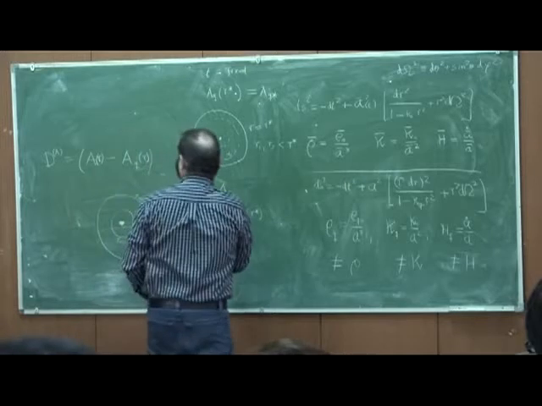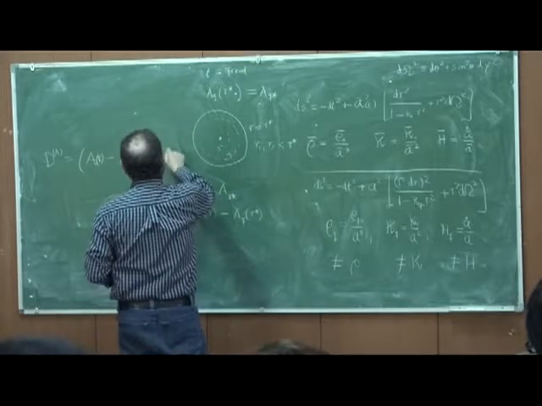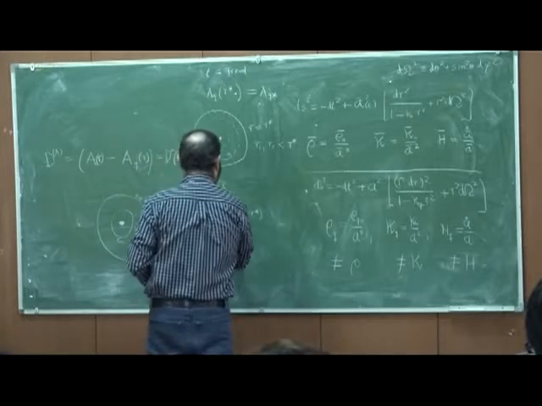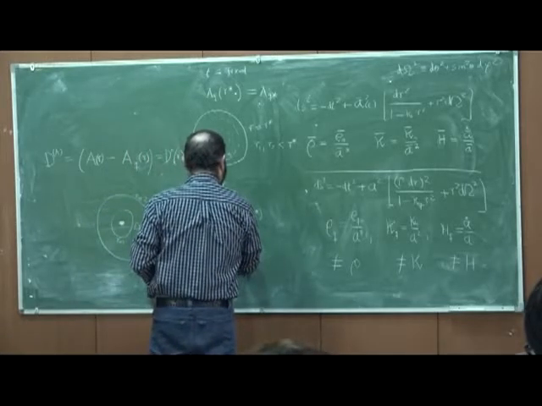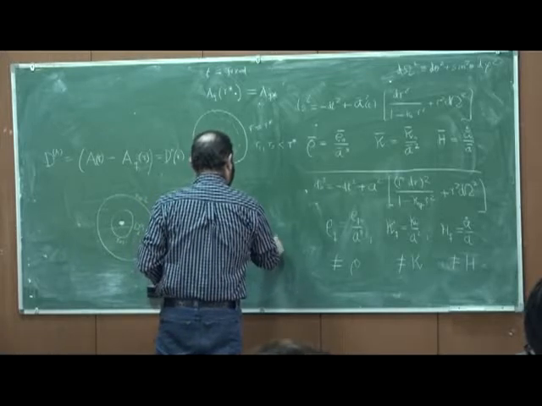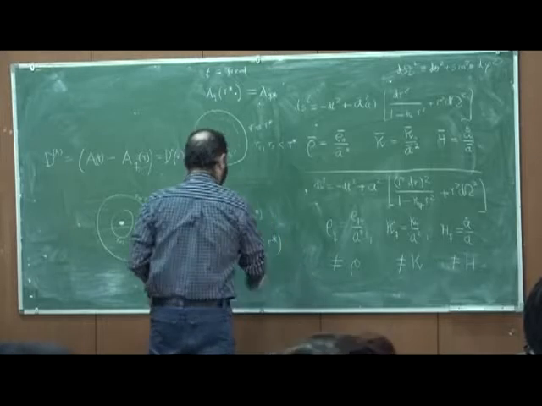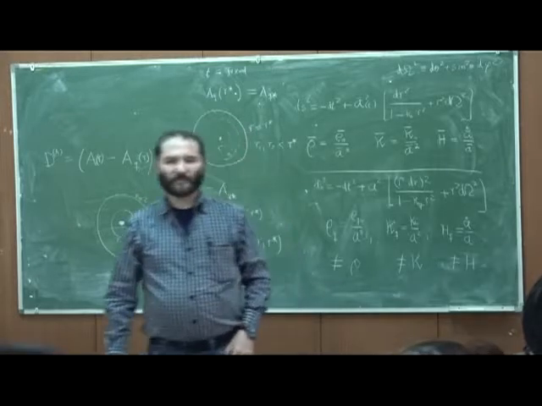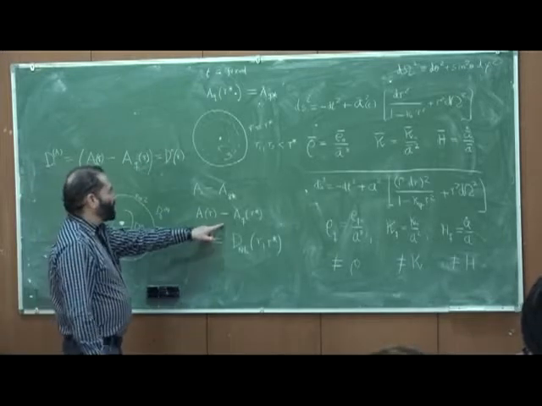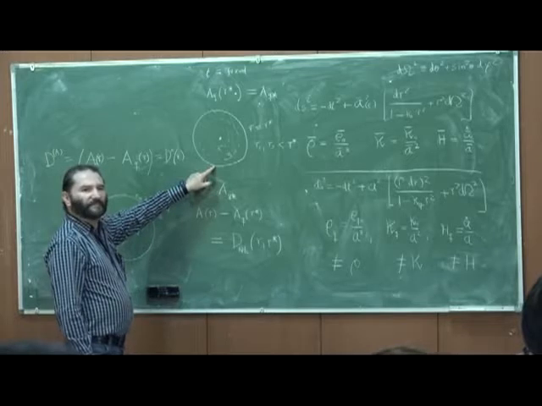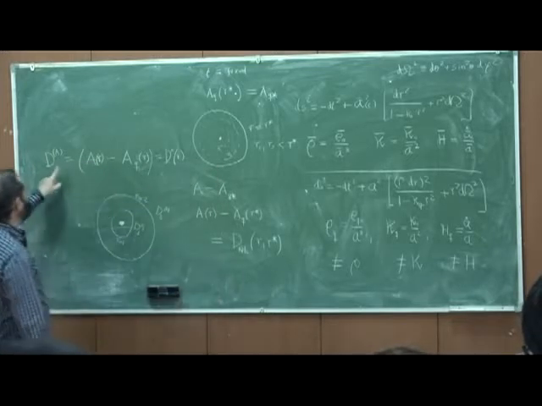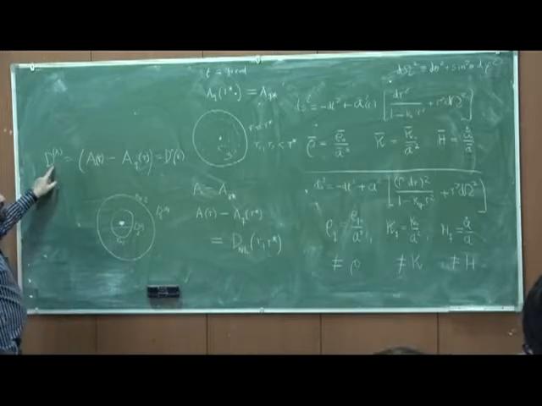So this is a function of R. This we're going to call non-local fluctuation, and it's going to be a function of this. Now, these two only coincide at the border. This non-local fluctuation coincides with a local fluctuation only at the border.